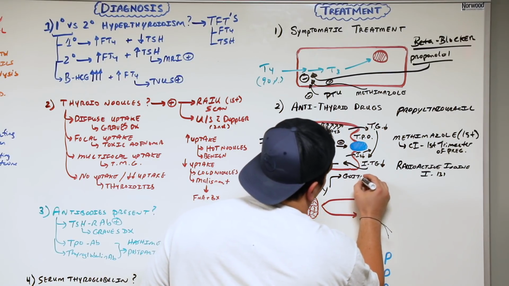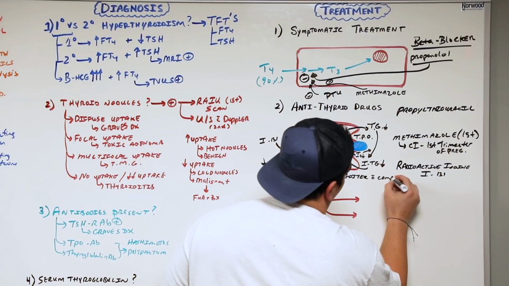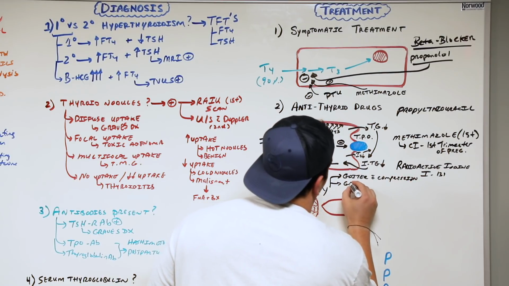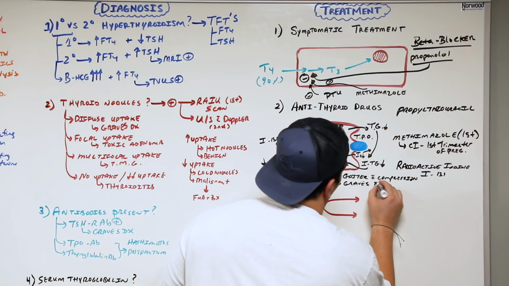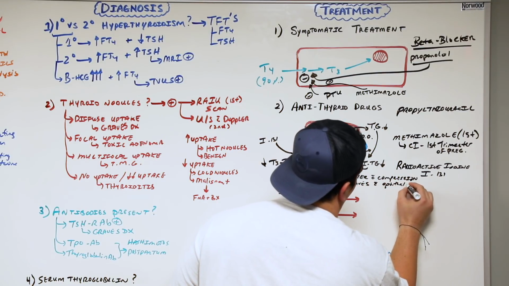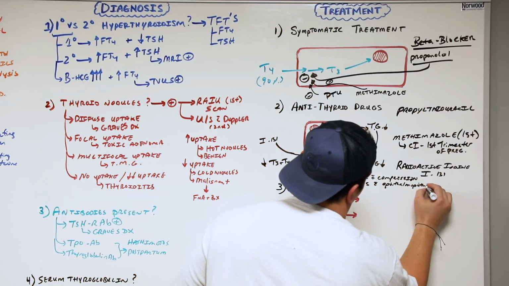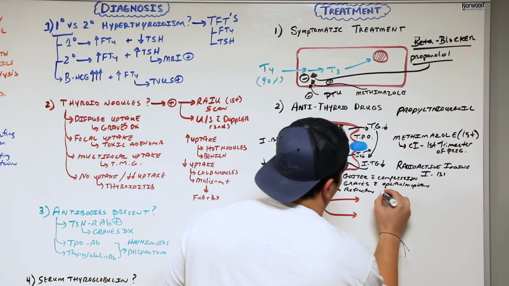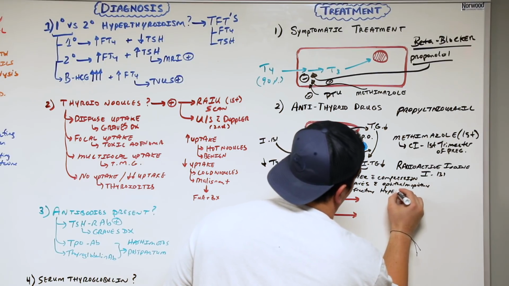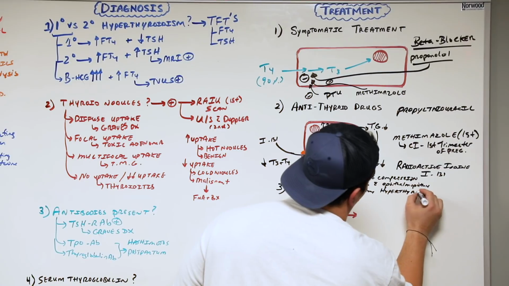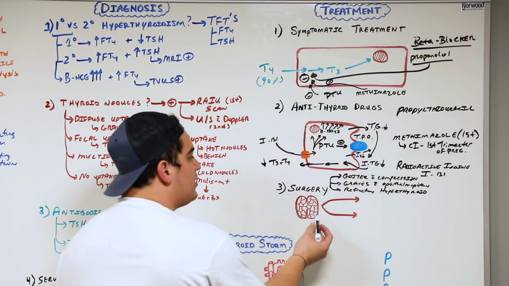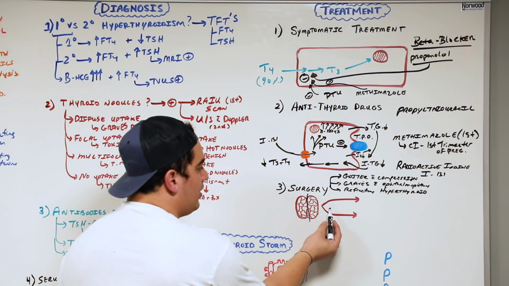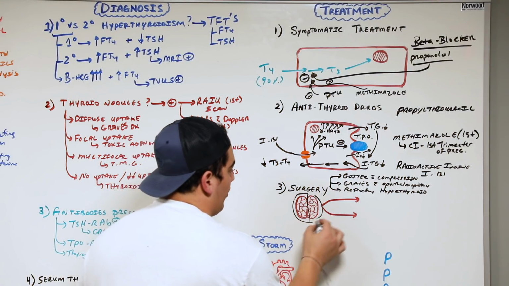One is they have a goiter with compression on surrounding structures in the neck. Another is they have Graves with the ophthalmopathy, or they have refractory hyperthyroid. In other words, they haven't responded to the above treatments. In those situations, what we may do is cut a piece of the thyroid, one lobe of it, or cut the entire thyroid gland out.